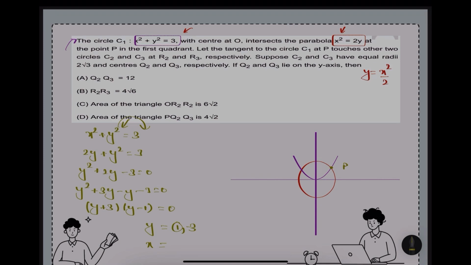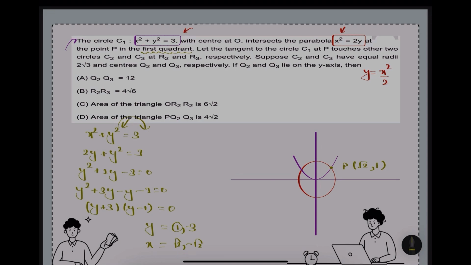So x is plus minus root 2, so root 2 and minus root 2. This question is talking about the first quadrant, so both coordinates will be positive. So can I go with P as root 2 comma 1? Hopefully till this part you guys are okay. Means we have drawn the graph of parabola, circle, and we have calculated the point of intersection P.